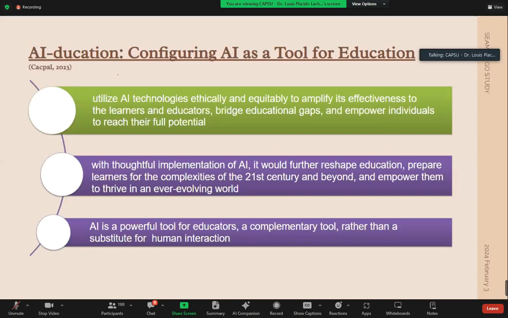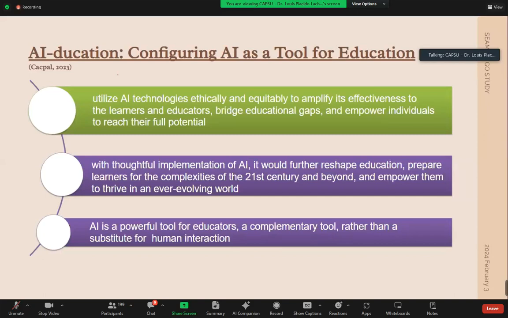With thoughtful implementation of artificial intelligence, it would further reshape education, prepare the learners for the complexities of the 21st century and beyond, and empower them to thrive in an ever-evolving world.